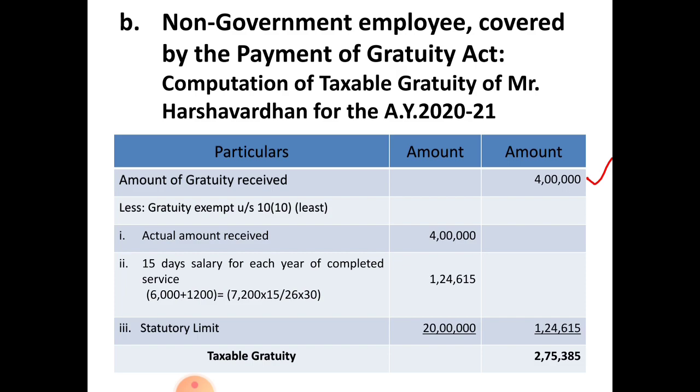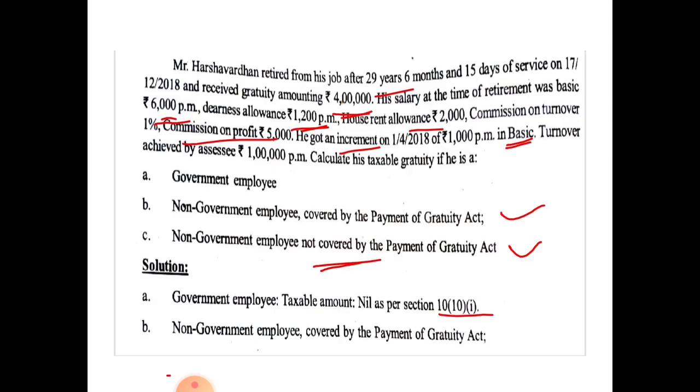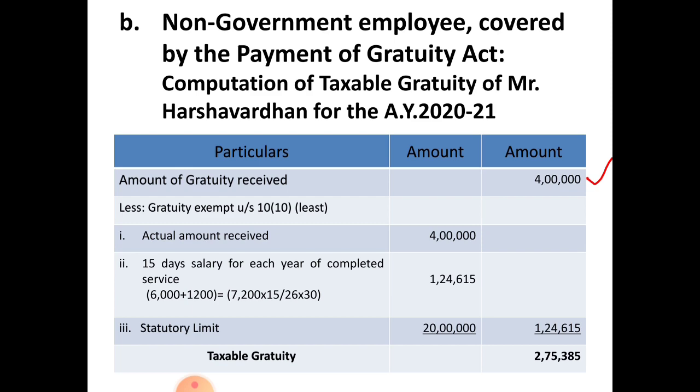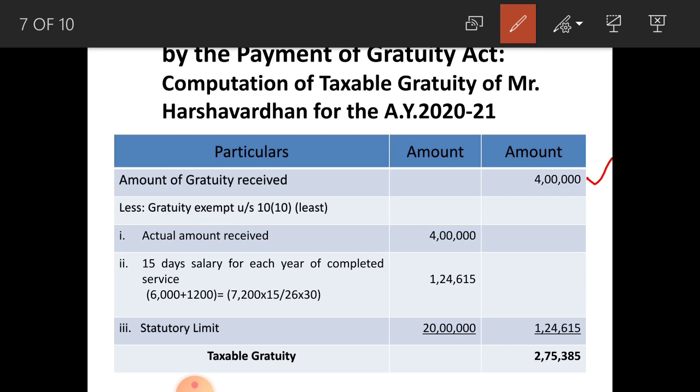Under covered by the Payment of Gratuity Act, statutory limit is 20 lakhs. So the least of the following is his exempted amount of gratuity. When you deduct this exempted amount from amount of gratuity received, you get taxable gratuity.